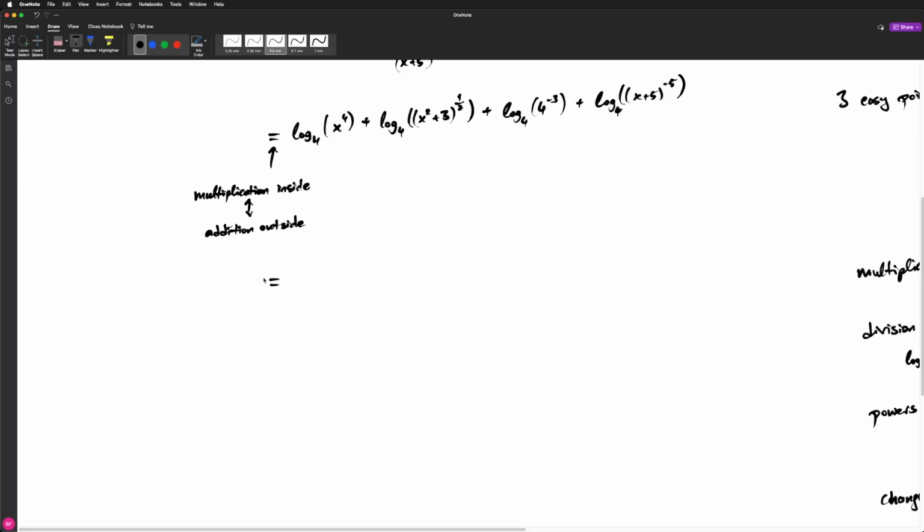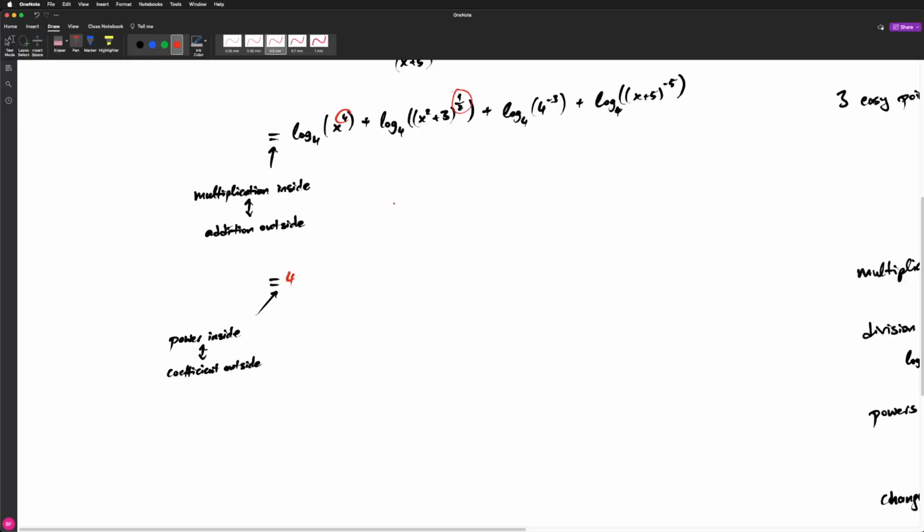And I can do one more thing. I can clean a little more. Power inside is multiple outside, or coefficient outside. So that 4, I can bring it to the front.